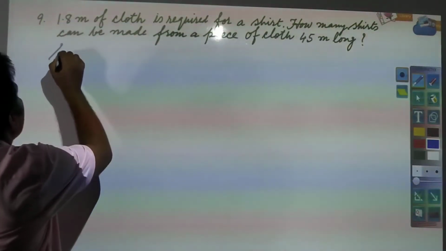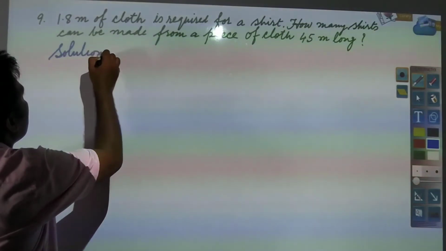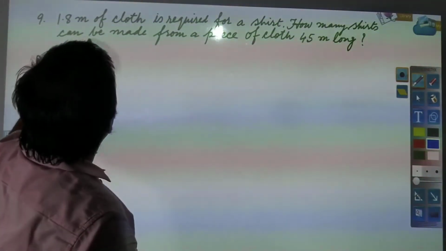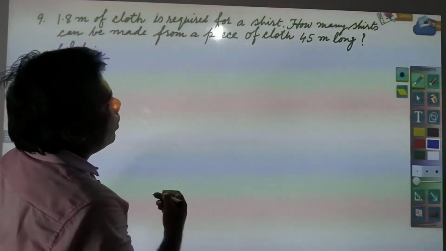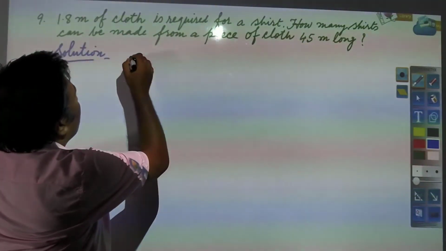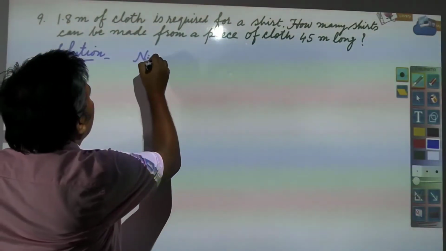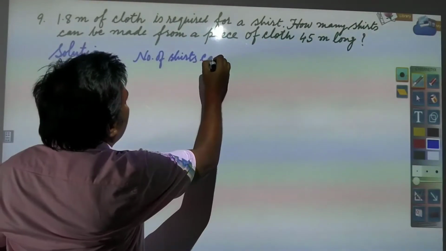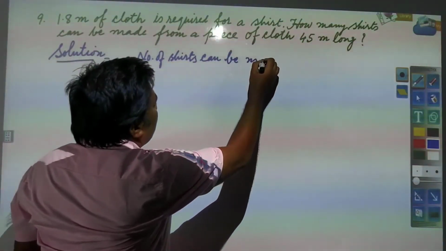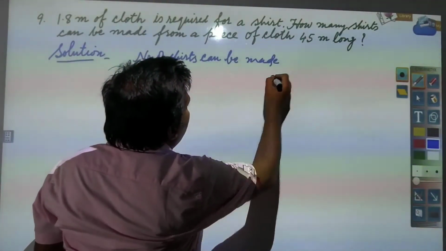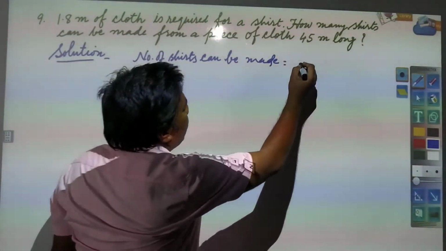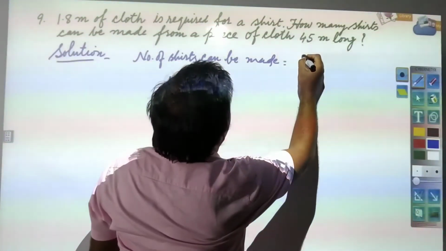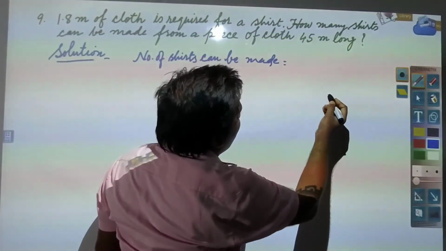Here you see, the number of shirts that can be made will be equal to the 45 meter long cloth you have.